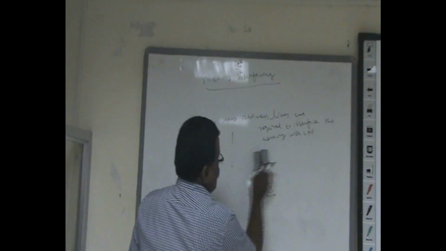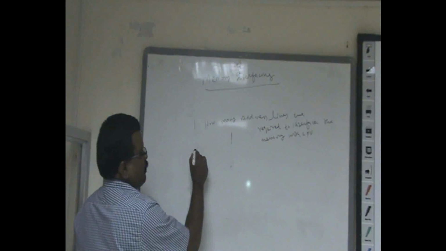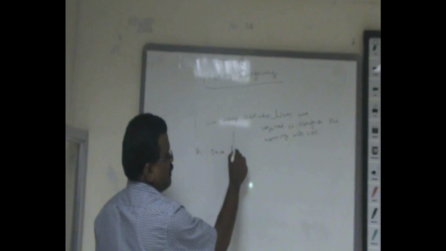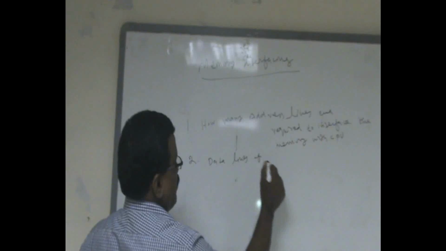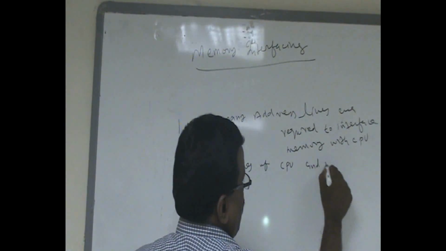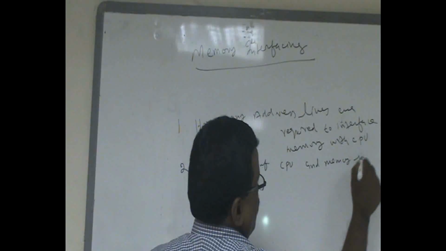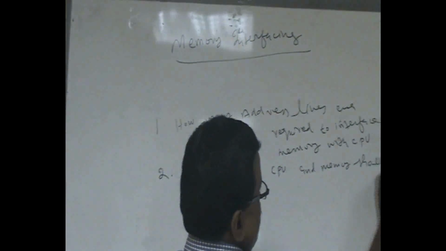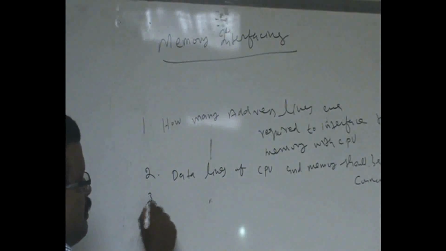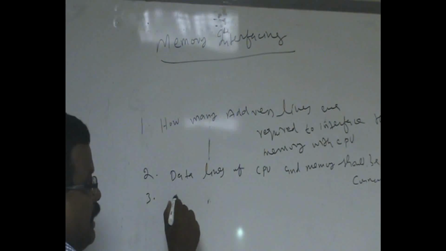Then in step number 2, you should connect the data lines. The data lines of CPU and memory should be connected. Number 3 is, we have to form a decoding logic.